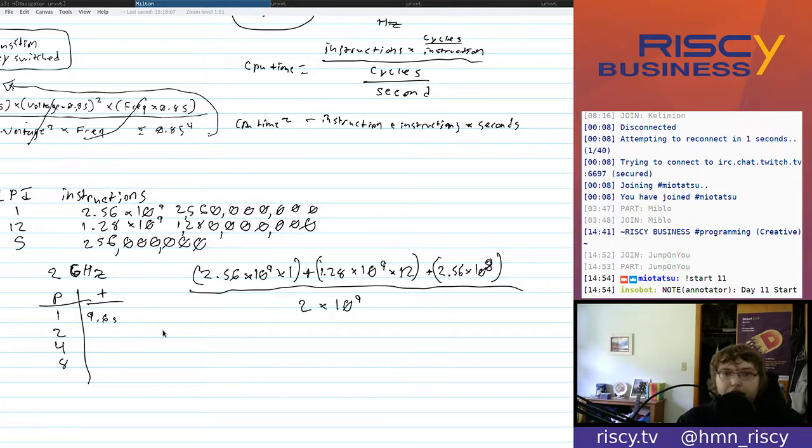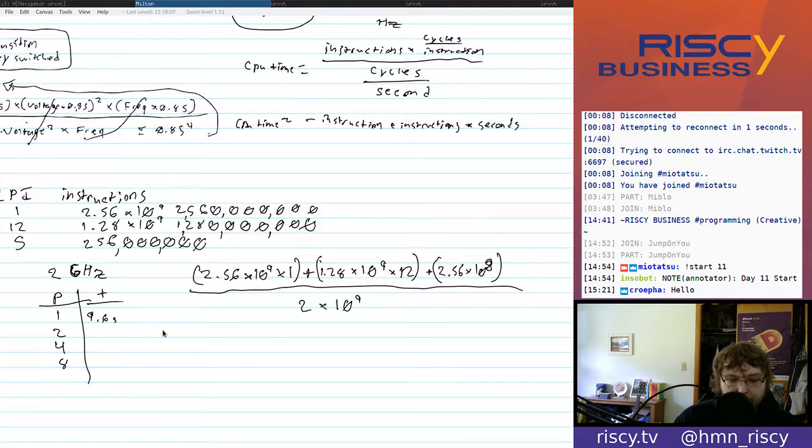But my understanding of the question is that it's 256 million per thread, because it says assume on a single processor the program uses 256 million branch instructions. Assume that as the program is parallelized to run over multiple cores, the number of branch instructions per processor remains the same.